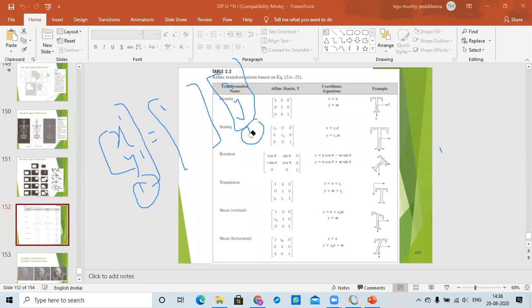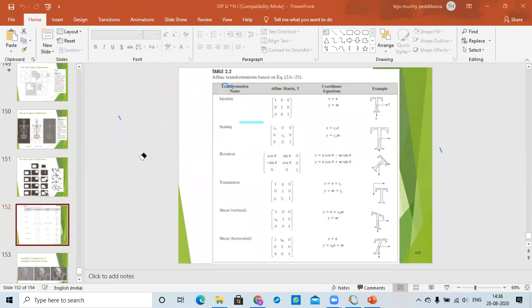So how many affine matrices do we have? Observe here. The affine matrix 1 is the identity matrix, which will not change anything. Second, scaling. Scaling can either increase the shape or reduce the shape. For example, this is the original one, and see here the T shape of this one. T is a measurement here.